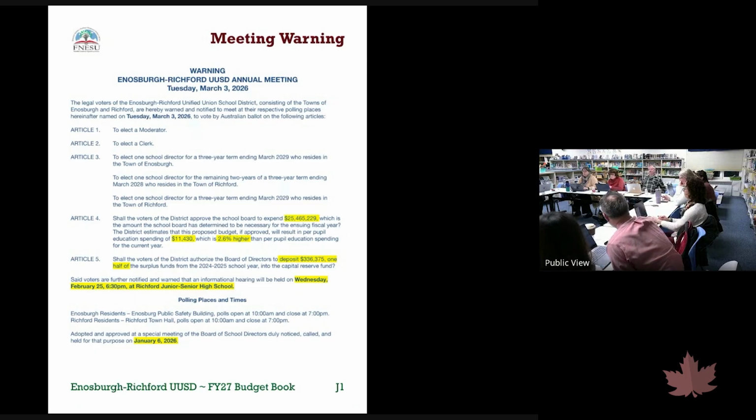Need to vote on that? If you're ready to warn a budget, I've got some motions to read. The last piece that we'll want to finalize, and we can do that after the motions if you want, is when the official information hearing will be. We're going to have several, but we need to have one within 10 days.